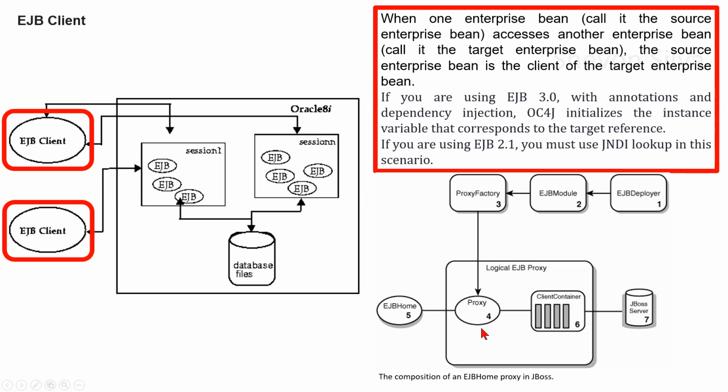Using dynamic proxies avoids the EJB specific compilation step required by many other EJB containers. The EJB home interface is declared in the ejb-jar.xml descriptor and is available from the EJB module metadata.